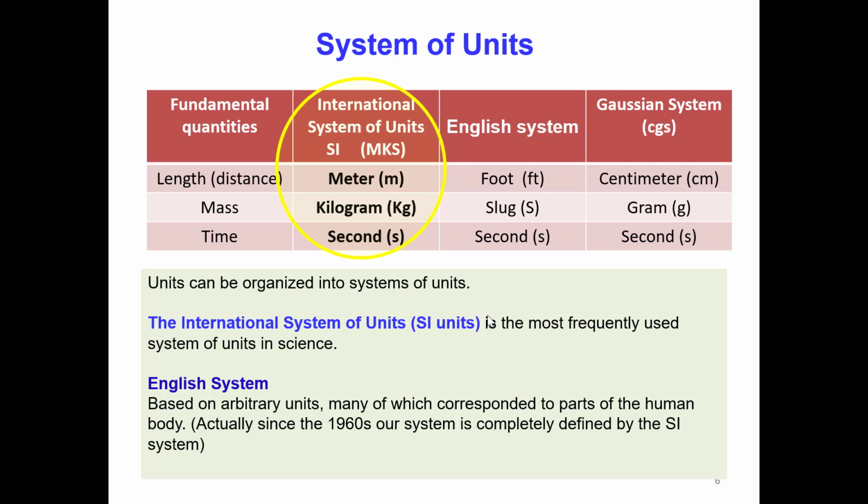The English system was based on arbitrary units, because most of the units correspond to parts of the human body. But since 1960, this system was defined in terms of the SI system. This is why we now consider these units as standard units.